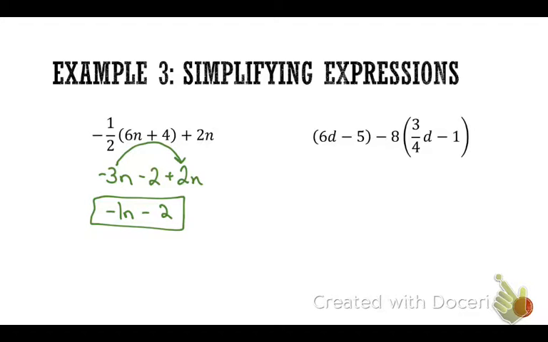We're not doing anything to the first expression. 6d minus 5. Nothing's happening there. So just pull it down. Now I have to distribute negative 8 times 3/4. So, Halen, hopefully this will help answer your question. When I multiply a whole number times a fraction, does everybody agree that negative 8 could be placed over 1?